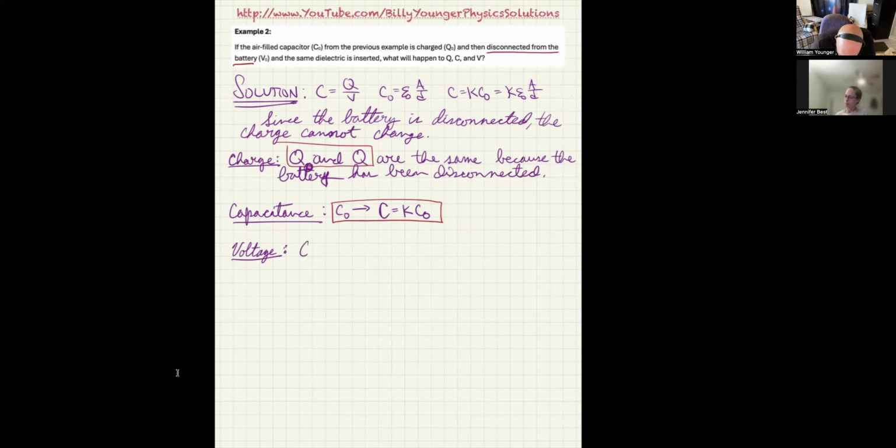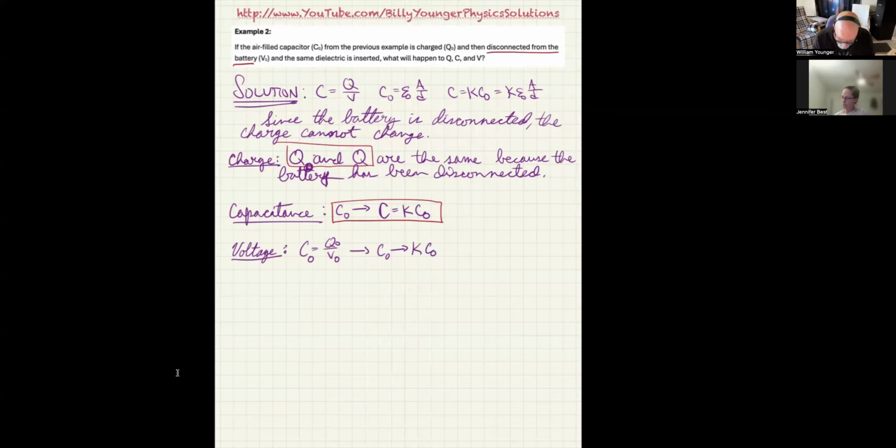And C equals Q over V is what we had for the initial capacitance. So I'm going to write that as C0 equals Q0 over V0. But C0 is going to go to K times C0.